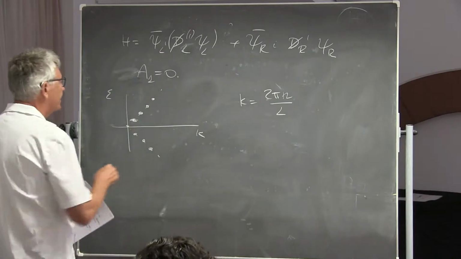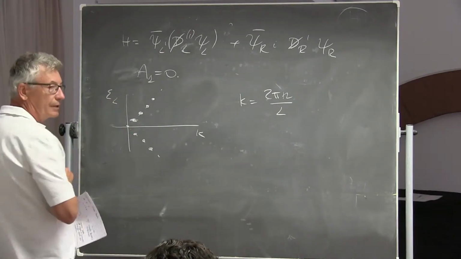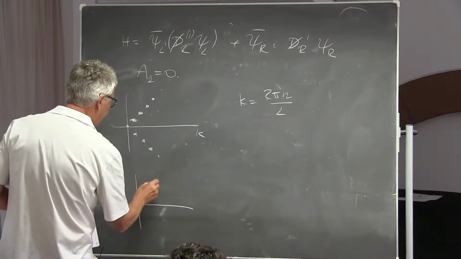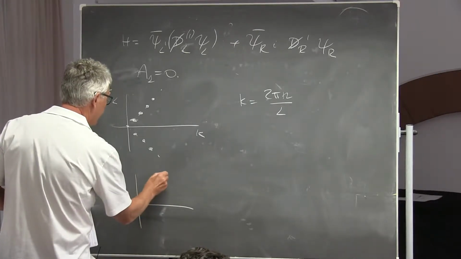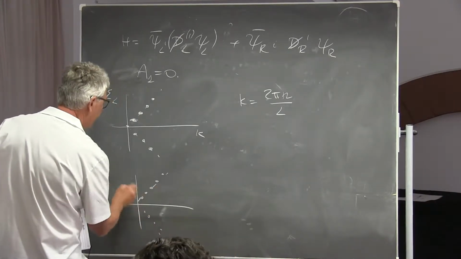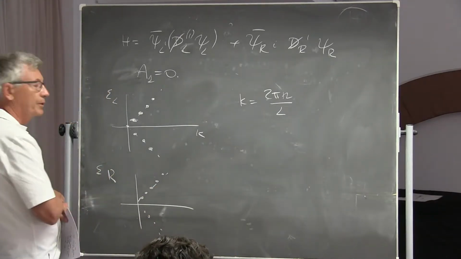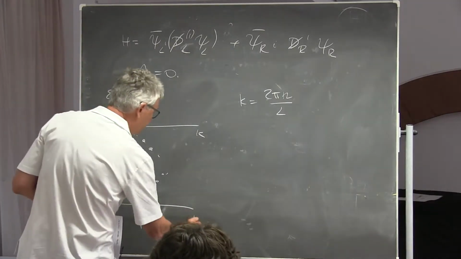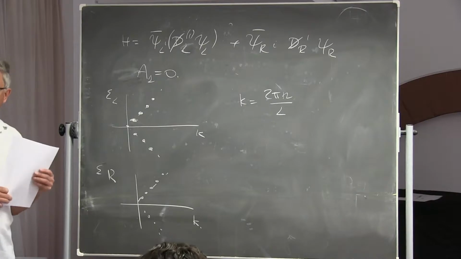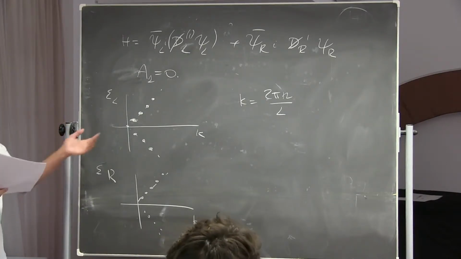So this is the set of energy levels for left fermions, and we have the same set of energy levels for the right fermions. Okay, and you know very well the interpretation of what is happening here.